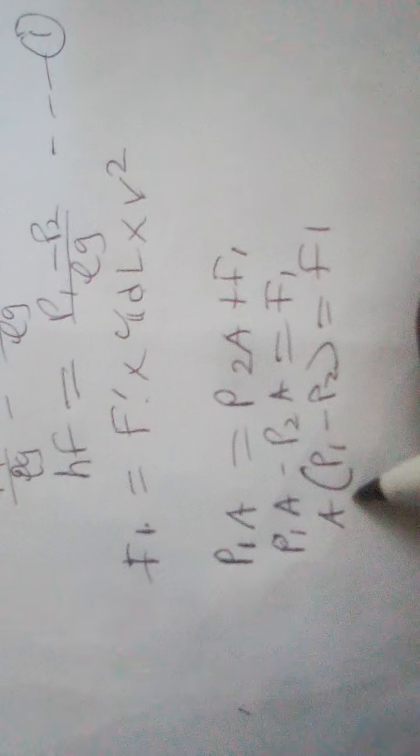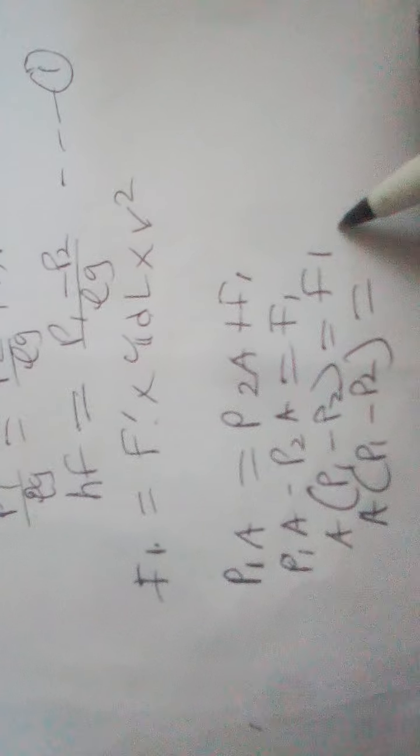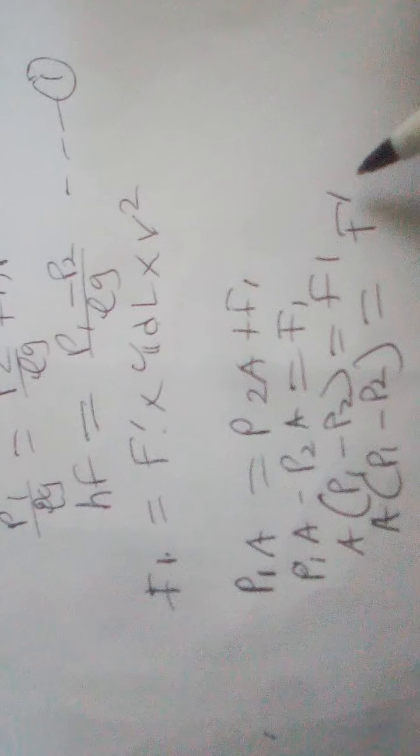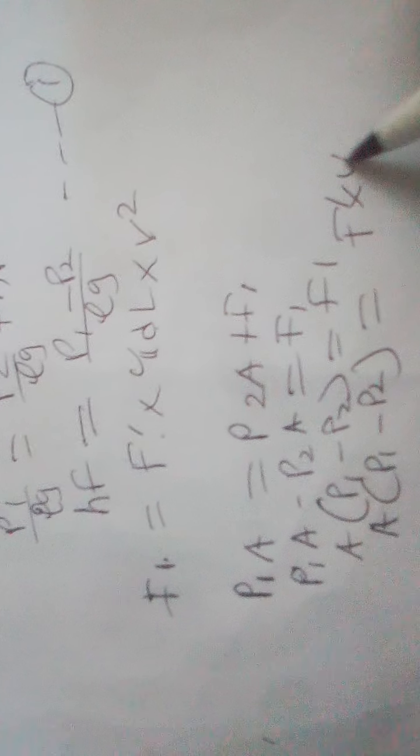So you come and equate, and then you divide both sides by area. Let me repeat this again: P1 minus P2 equals friction resistance, f times pi d L times velocity squared, all over area.